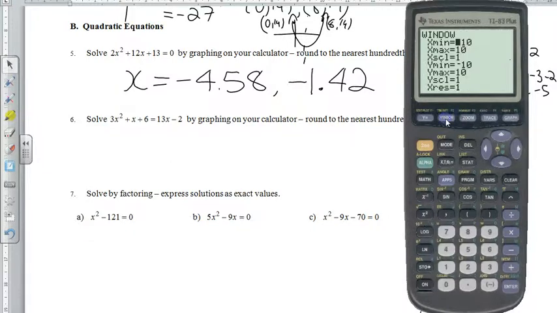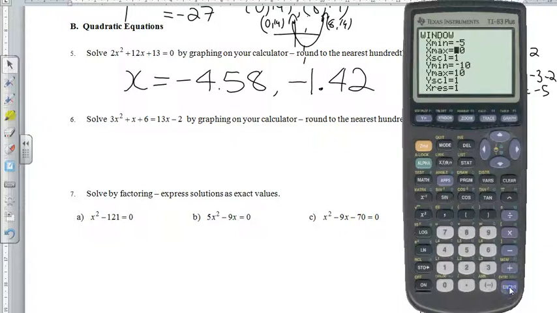So I'm going to set my window from -5 to 5 by 1s, and I'm going to set the y to go from 0 to 50, let's say, by 5s. Is that nice? It's a lot nicer than the other one. And look at that, we can see there's 2 distinct intersections there. That's what changing your window does for you. It allows you to see stuff a little more clearly.